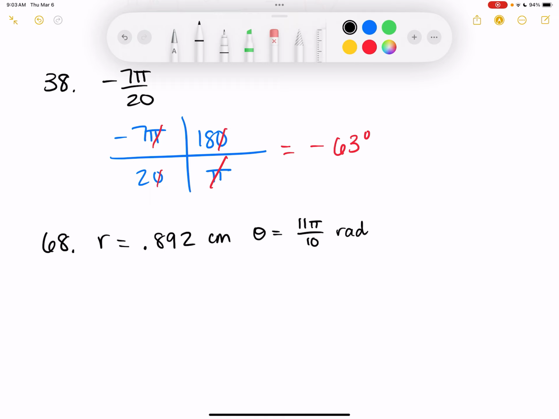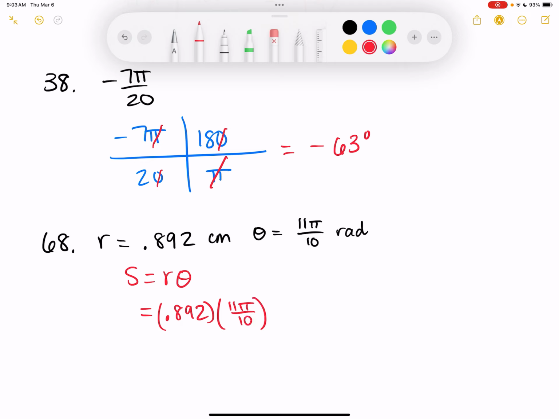Otherwise you're going to see a degree symbol and you'll know you need to convert it. So the formula for arc length is s equals r theta. That's the very first thing I would do every time I do one of these problems: write that out, s equals r theta, so that you don't get confused. So this is 0.892 times 11 pi over 10.